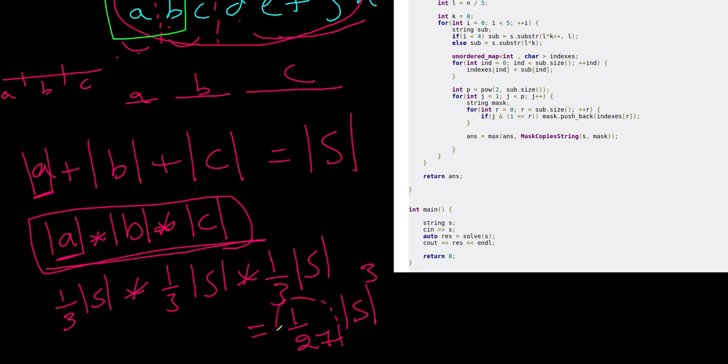So this is the max fraction we can get by splitting the string into three parts. If you try a different fraction, you will get a value less than 1/27, but we are calculating the worst case.